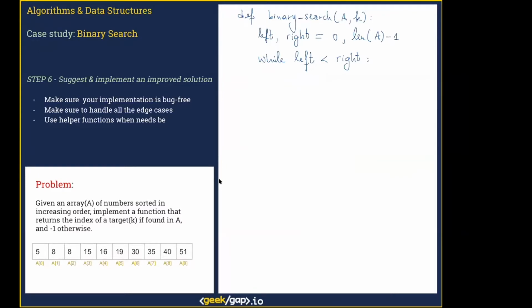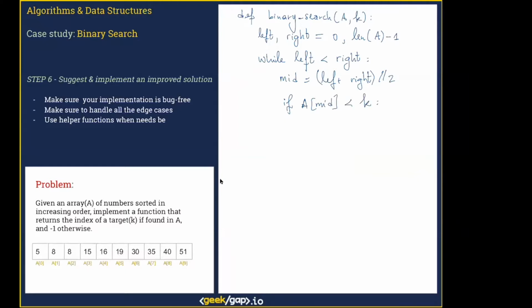So we compute the middle. We do left plus right, integer division by 2. And what we do now, we look on the right. If a[mid] is smaller than k, our target, what do we do?